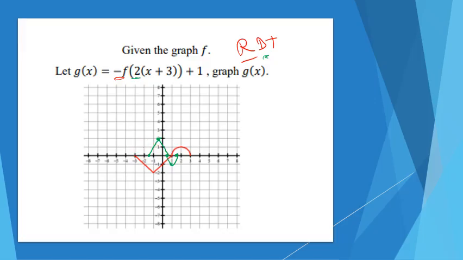There we go. And now our final transformation is moving this to the left 3 and up 1. So this is around 1 1/2. So 1, 2, 3, and up 1 should be right there. This is -1/2 up 2. So 1, 2, 3, up 1. So that's where that's going to look like.